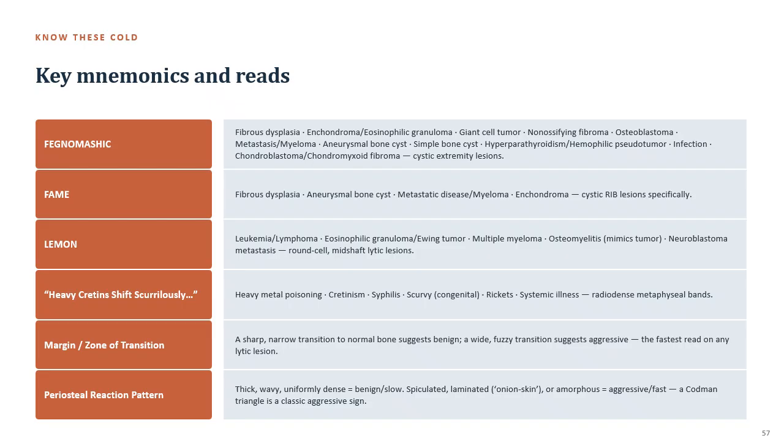All right. This particular slide, or these keys right here, also helps us with some reading clues. Not that we're reading it, but we're interested, hopefully, in the patient. So first, when the radiologist is looking at the imaging, they're looking at the margin, or what they consider a zone of transition, between the lesion and what we consider normal bone.